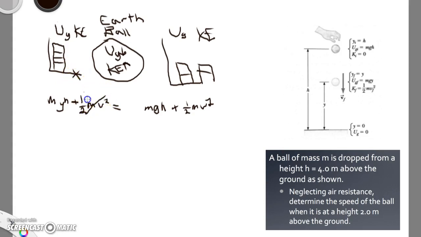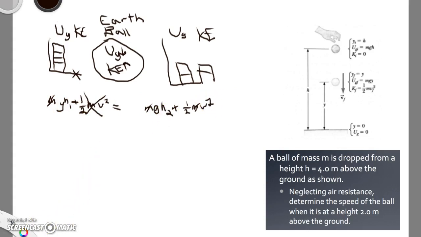We'll call this height 1 and that height 2. Now we can substitute our values. The mass is unknown, but you'll see that it's going to drop out of our equation. Height 1 is 4 meters, height 2 is equal to 2 meters, and now we have enough information to solve for V.